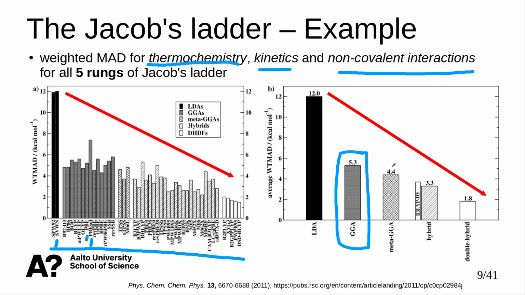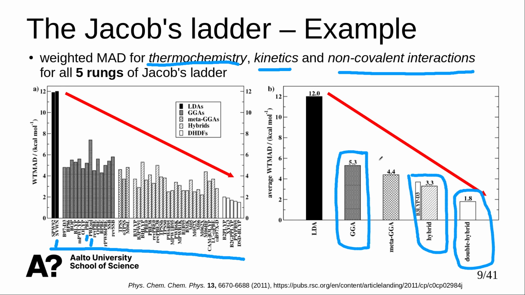The meta GGAs are slightly lower in the error range than the GGA. And then the hybrids, I mean, it's noticeable, right? Don't get me wrong. The error gets noticeably reduced, but you pay a price. And then the double hybrids lower the error by a factor of 2 from the hybrids, or factor 3 from GGA, but with way more additional computational cost.